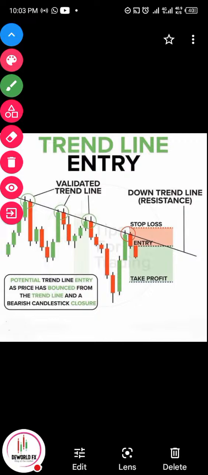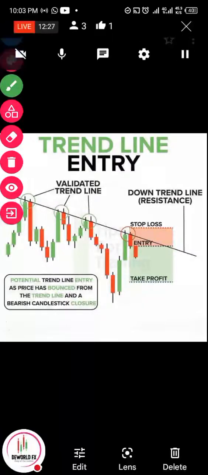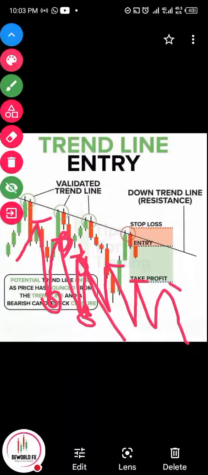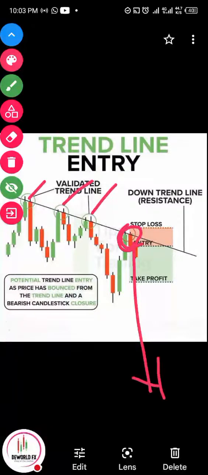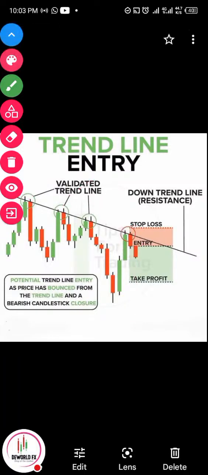So you want to sell during a downtrend, and where do you take your sell? You sell at the trend line confirmation. Once you confirm your trend line confirmation, the next thing is to take your position once you see the market comes around that zone, and you'll be doing well. Your trade will be very good.